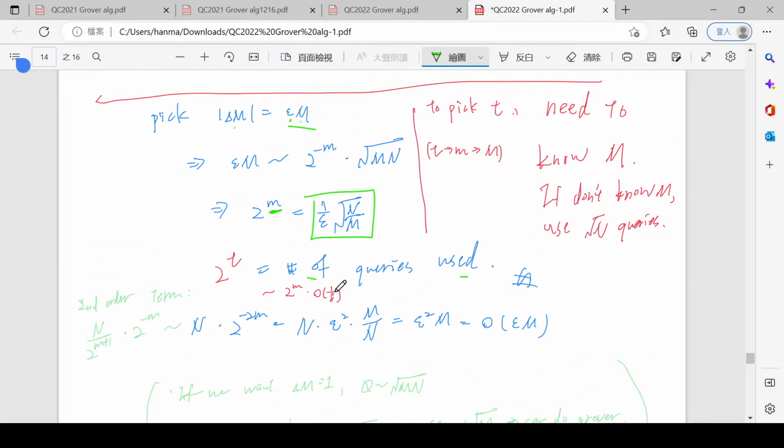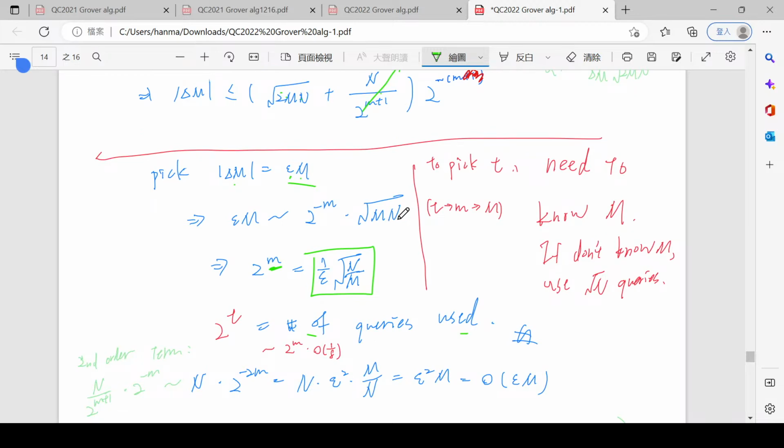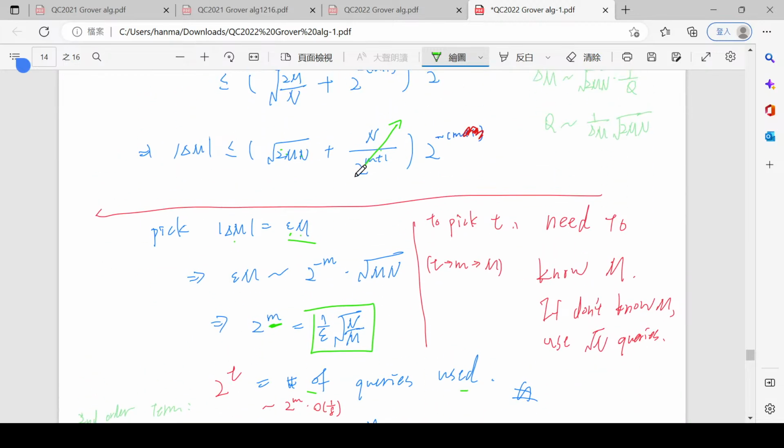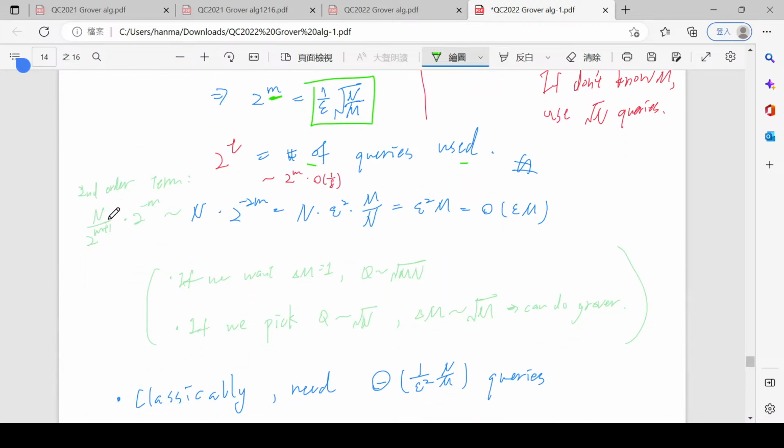And that's because if we actually calculate the correction that gives you on this term, then it's n over 2 to the m times 2 to the minus m, so it's about n times 2 to the minus 2m.